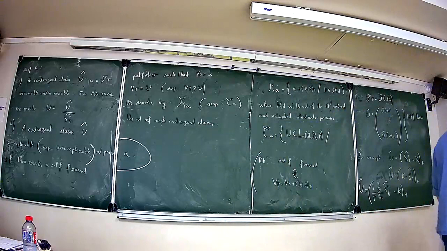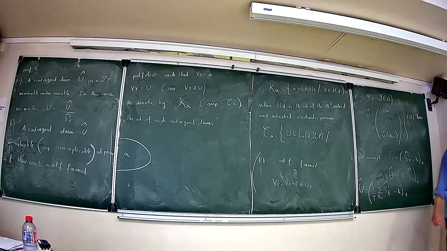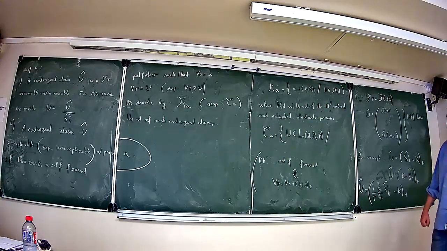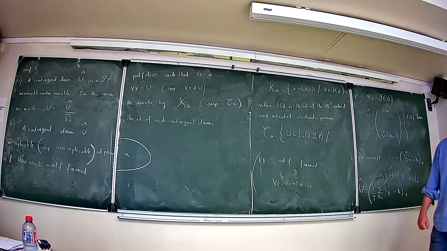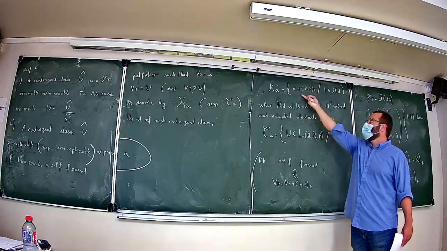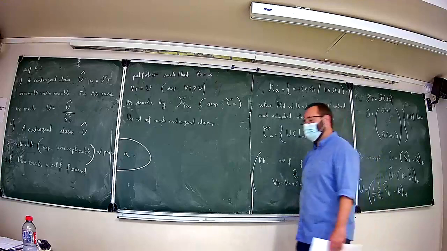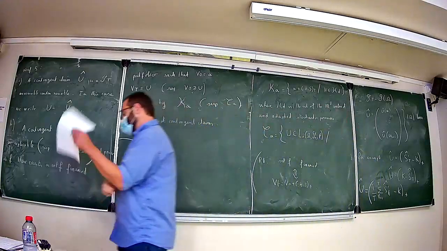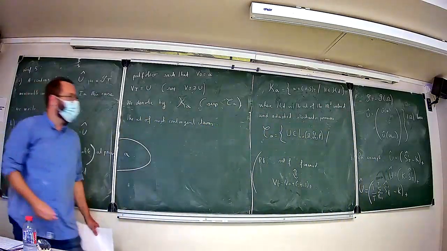And if I want it to be over-replicable, it means that I have to be less than the final value of a self-financed financial strategy starting from small a. Here, I have the set of all possible final values of self-financed strategies starting from small a, so I can write it this way.